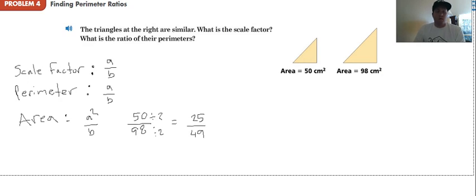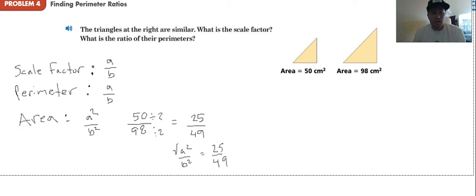Okay, so again, we have a little square right there. In my area, that scale factor is going to be A squared over B squared. So if I have A squared over B squared equal to 25 over 49, I want to figure out what just A is. So how do we get rid of that square?